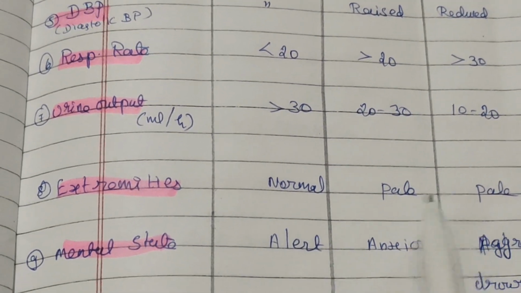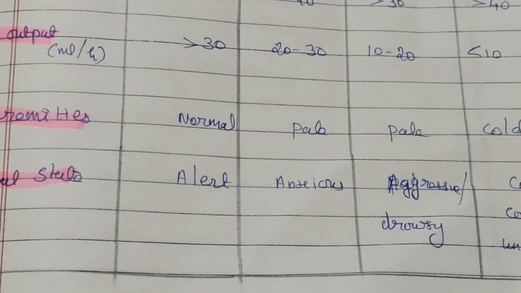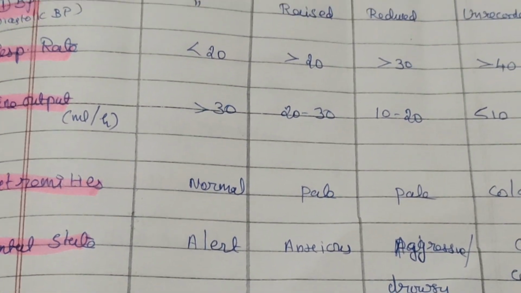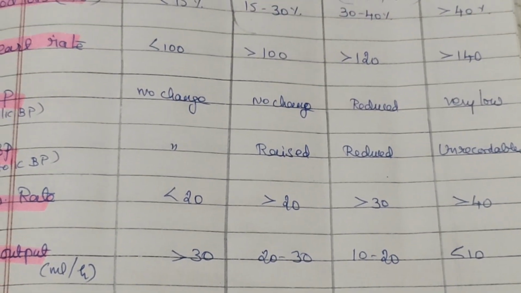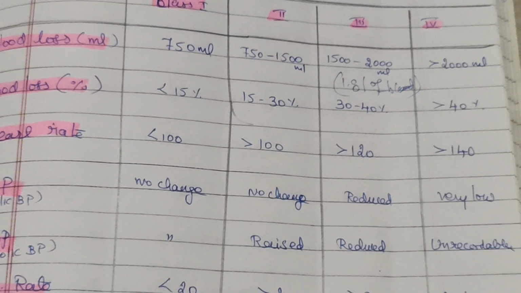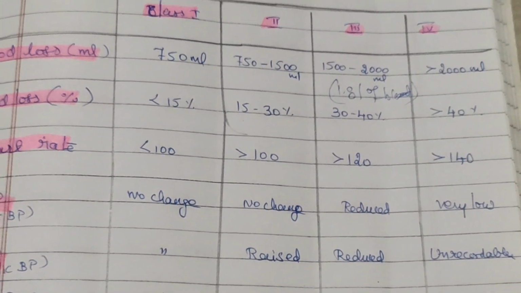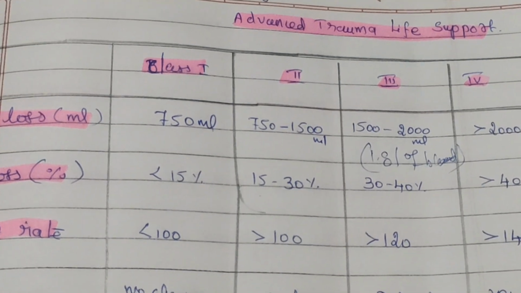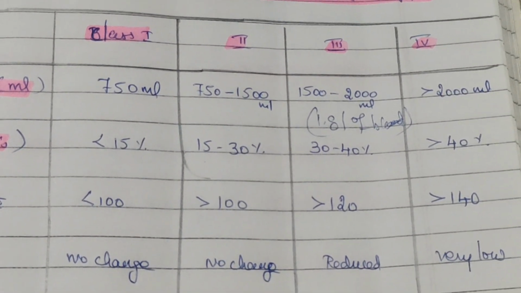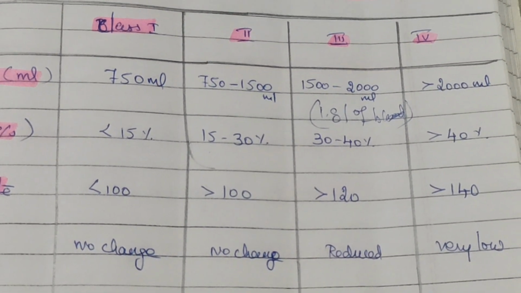Extremities pale, and the last one is mental state, aggressive or drowsy. So we classify hypovolemic or hemorrhagic shock based on the grading, based on how much fluid is lost. Class 1 up to 750, class 2 750 to 1500, class 3 1500 to 2000, grade 4 more than 2000.